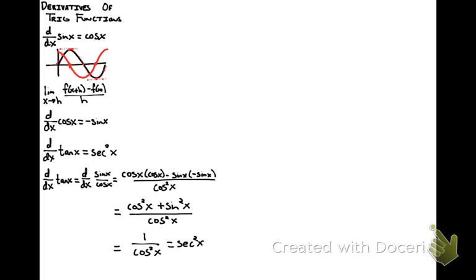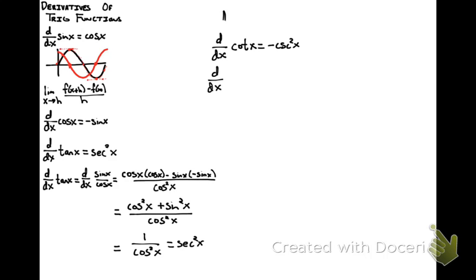I'm going to tell you that the derivative of cotangent x is negative cosecant squared x.